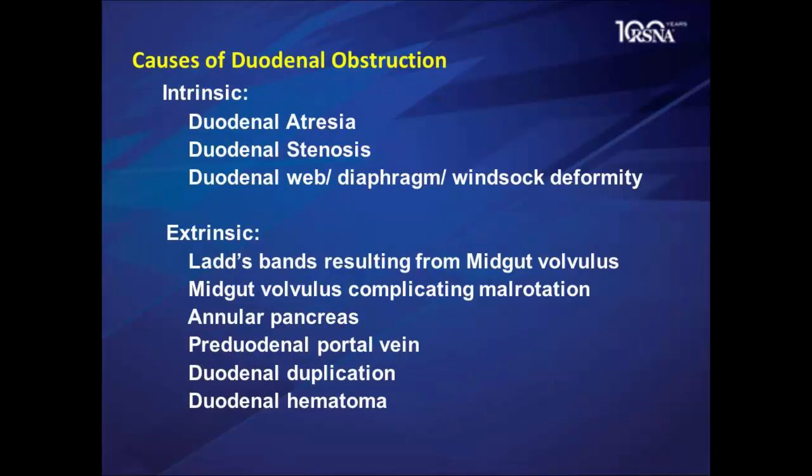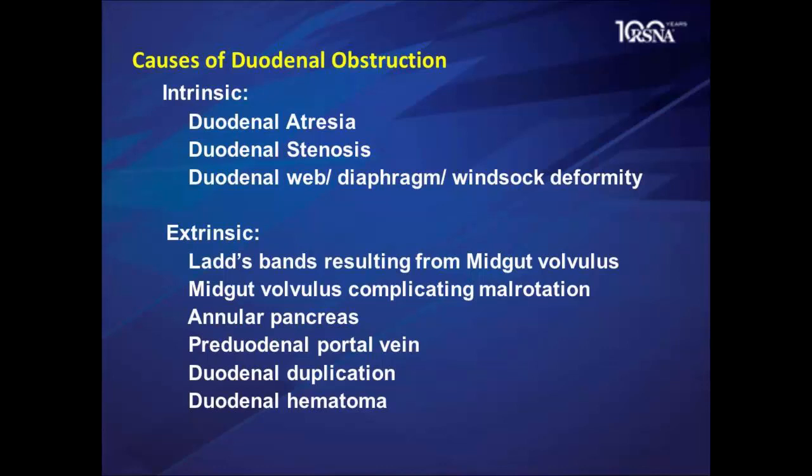So let's look at the causes of duodenal obstruction. To make it simple, think of intrinsic versus extrinsic causes. Intrinsic causes: atresia or stenosis, web, diaphragm.